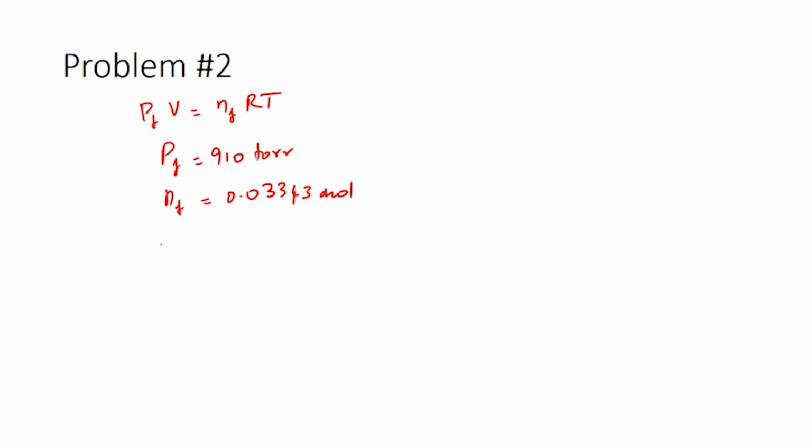We know that N final was equal to 0.01286 plus 2x based on stoichiometry. This is equal to 0.03343. So, x would be equal to 0.010288 moles. So, this x is the number of moles of dimethyl ether which has actually been consumed.